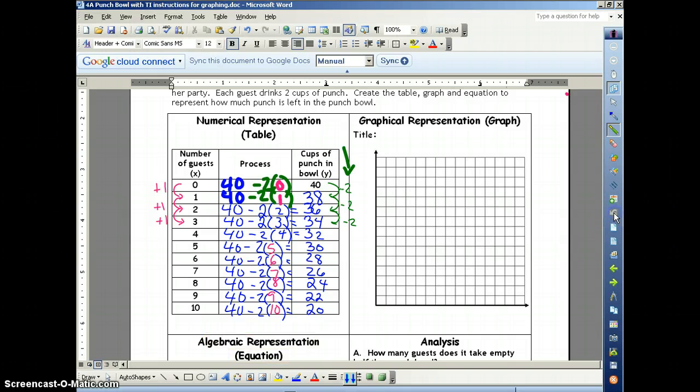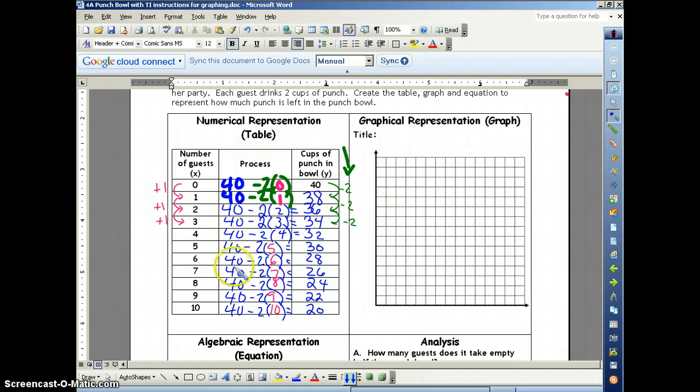Okay. Up until this point, when we've graphed, I always had a little hint for you right here that said the independent variable goes on the x-axis. And I had another hint that said the dependent variable goes on the y-axis, and I didn't put it there anymore because I'm hoping by now you have that memorized.